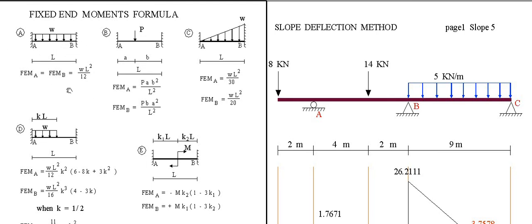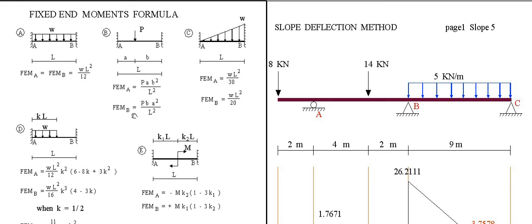The fixed end moment is this, WL square over 12 for both the A and B. The fixed end moment for concentrated load is, for fixed end moment at A, this is equal to P times the near distance from A, then far distance B square divided by L square.